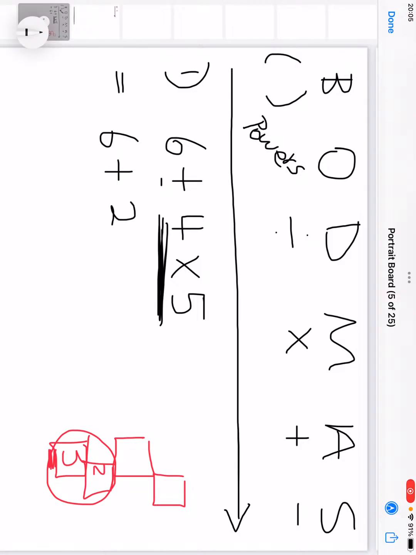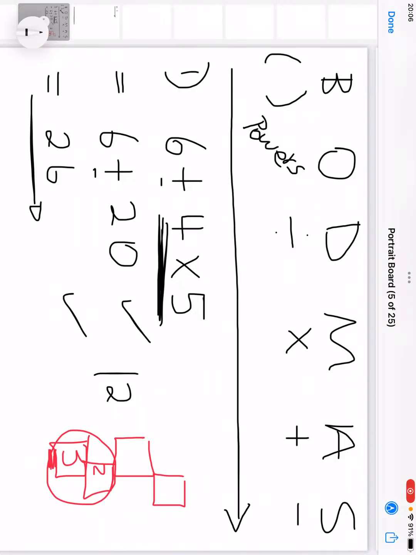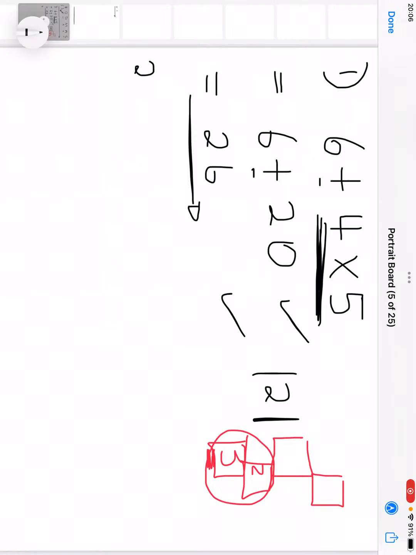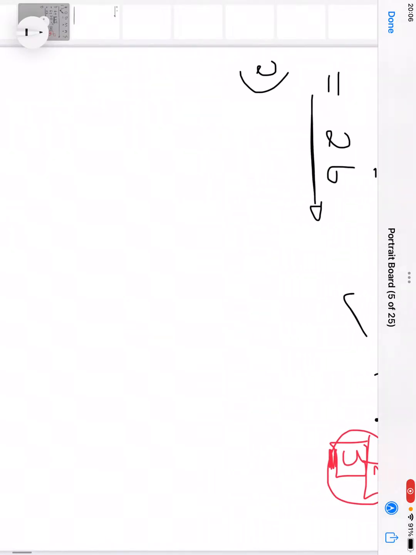Definitely that is 20. And then lastly, the sign which is remaining is the plus. That means it becomes 6 plus 20, which is 26. So that's where your 2 marks are. If you punch it on your calculator, then you're going to be in big trouble because you need to show all the steps.